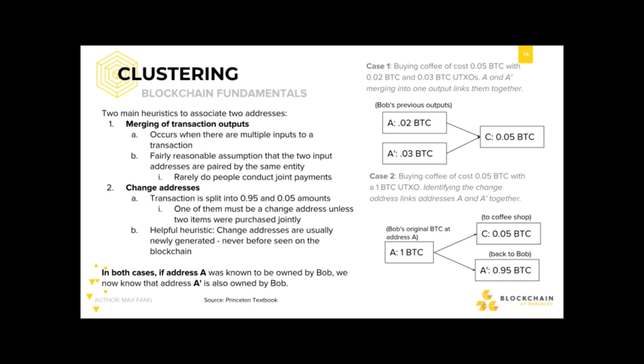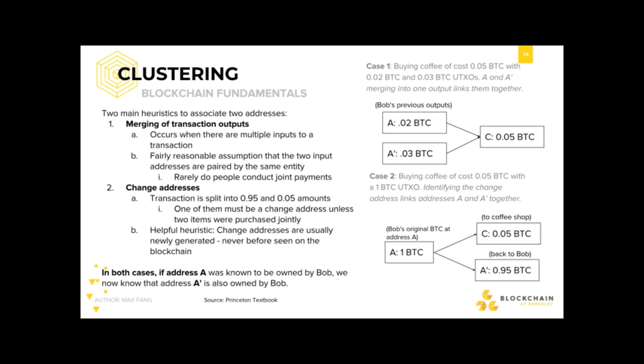Another idea is the concept of change addresses. If Alice decides to buy a cup of coffee or anything, she's not going to use all the money on coffee. A coffee is not going to cost her 1 Bitcoin. So she's going to send some change to another address. If you have two outputs, likely one of them is a change address, so you try to figure out which of the two it is.